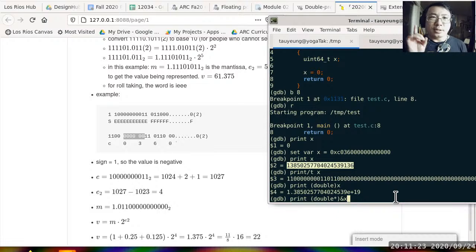Ampersand x is the address of a 64-bit unsigned integer. But now that we have an address of something, we can say, let's not look at this as the address of an unsigned 64-bit integer. Let's look at this as the address of a double. In other words, it is the same location. It has exactly the same content, but you choose to look at it differently.